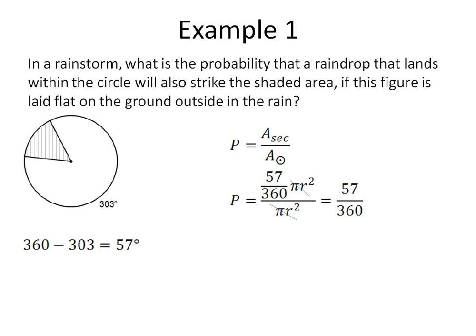Okay? So we calculate it by dividing 57 by 360, which gives us 0.1583 repeating, which is approximately 15.83%.